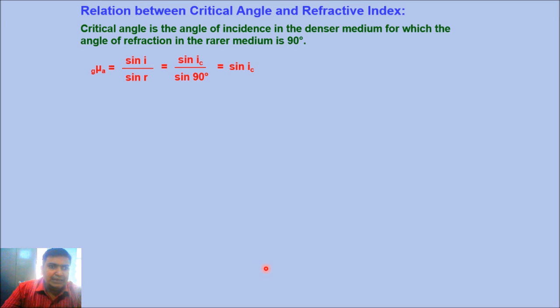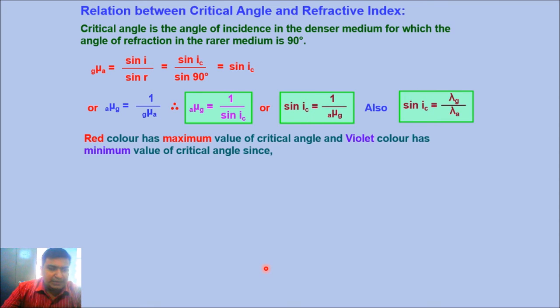So sin IC is equal to the refractive index of air with respect to glass. On the contrary, mu G over A, the refractive index of glass with respect to air, is 1 by sin IC, from the law of reversibility of light. These are the basic ideas about the relation between critical angle and refractive index.